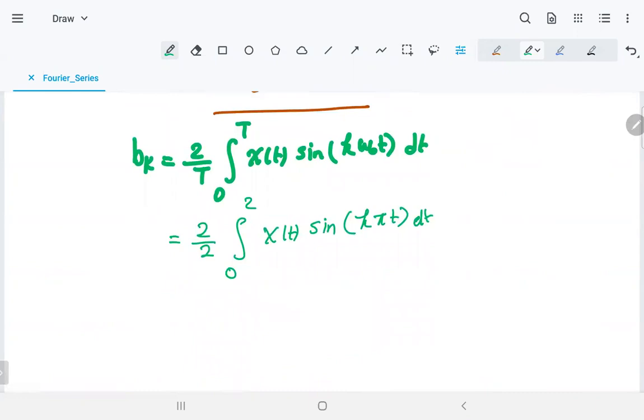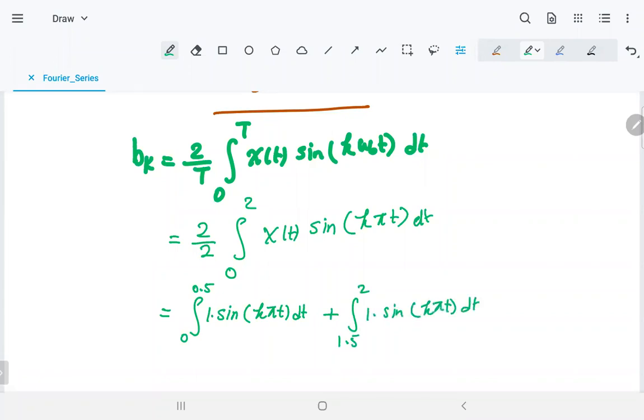Now, I want to integrate it again. It will be from 0 to 0.5 and then from 1.5 to 2, because it equals 0 in between. So I have from 0 to 0.5, x will be equal 1, sine k pi t dt. The second integration will be from 1.5 to 2, 1 sine k pi t dt.